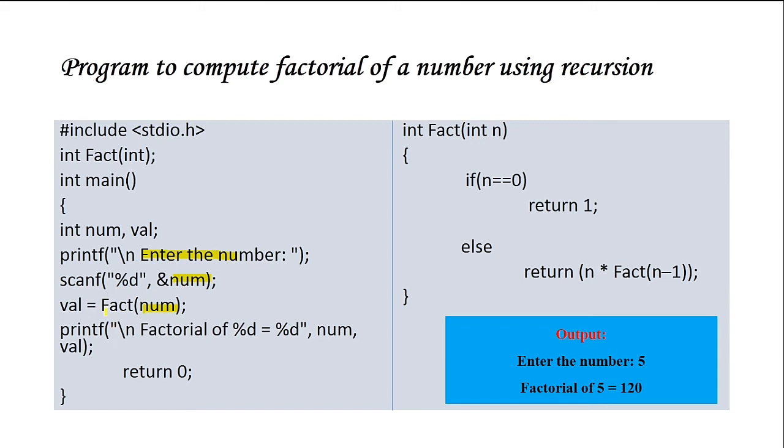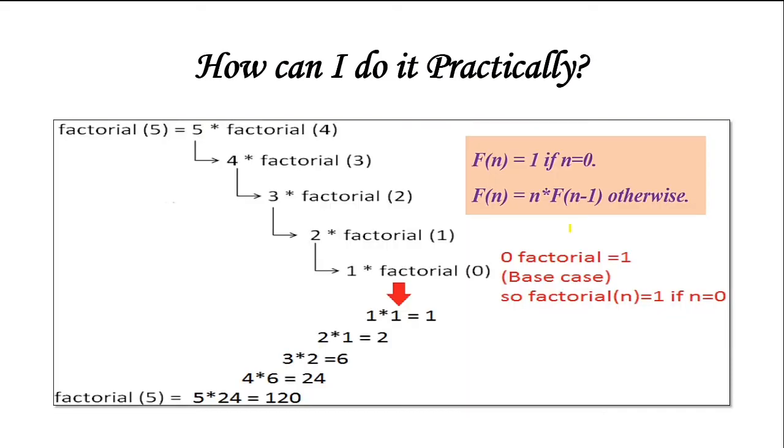Okay. So you have the factorial function over here. Now suppose I gave the number as 5, then 5 will be passed over to this. Now if n is equal to 0, return 1. That is the base case we have here, right?